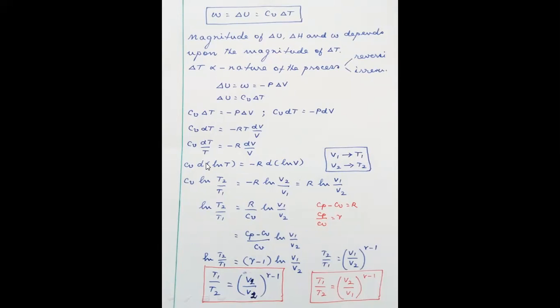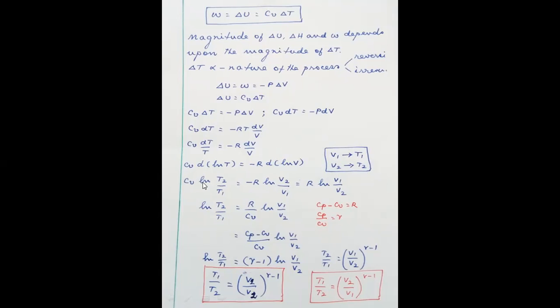So the differential can be changed into the application of upper and lower limits. So what happens? Cv ln T2 by T1 is equal to minus R ln V2 by V1. I am applying the upper and lower limits. So it is volume 1 at temperature 1, volume 2 at temperature 2.